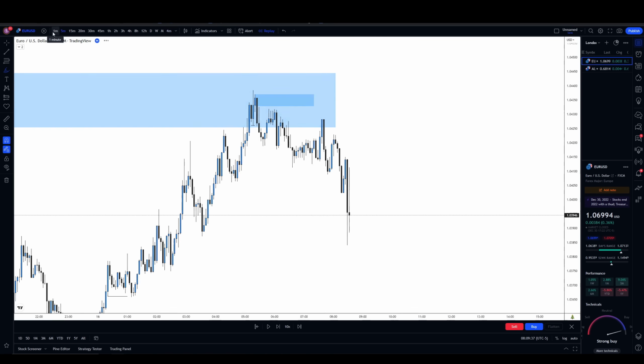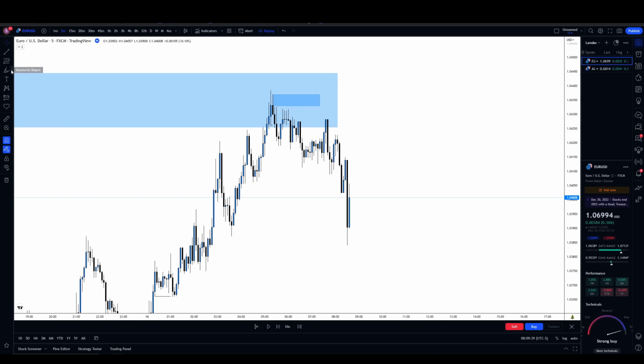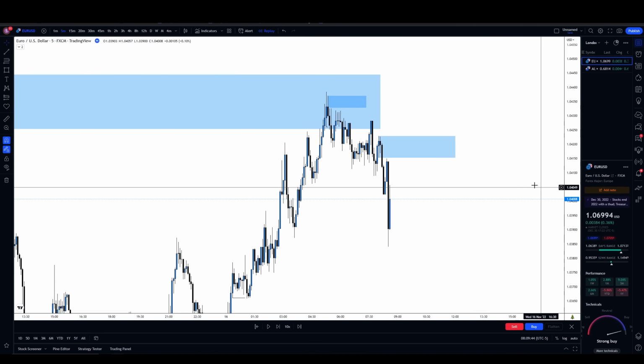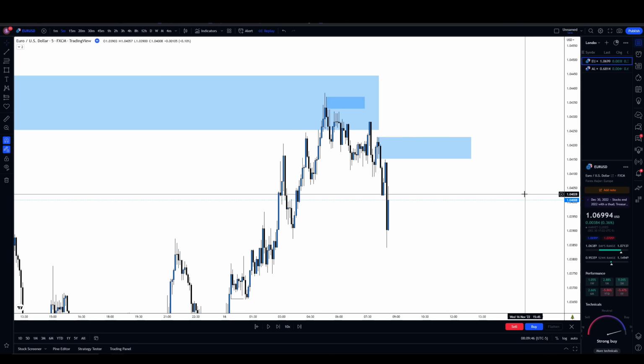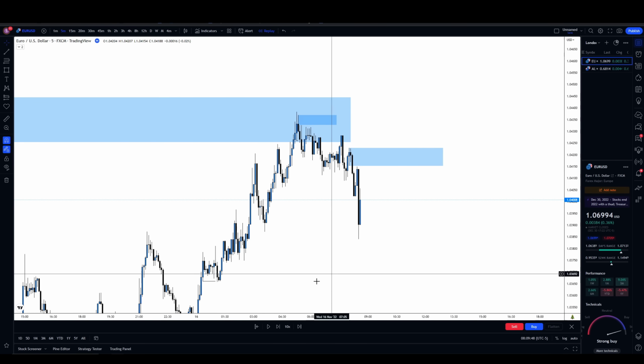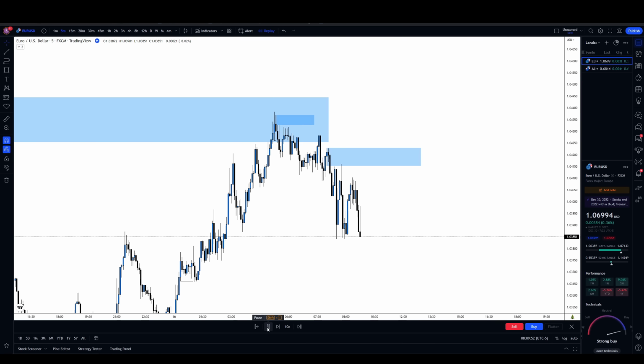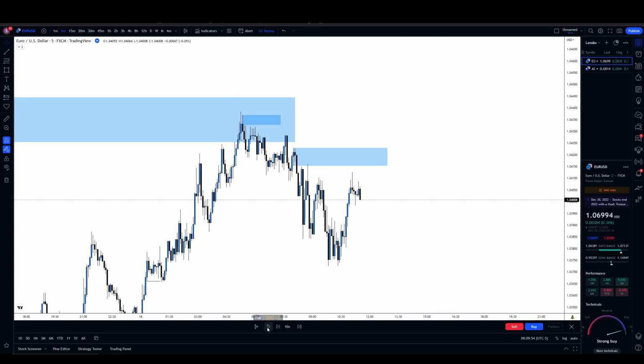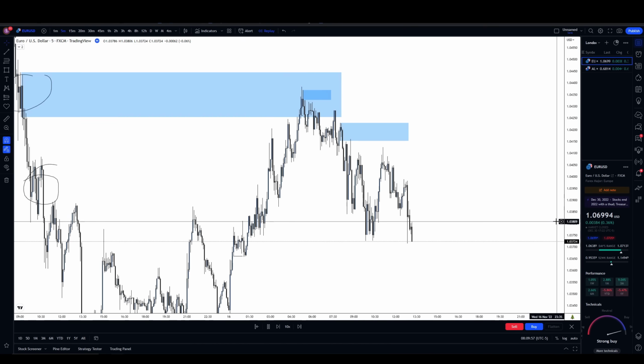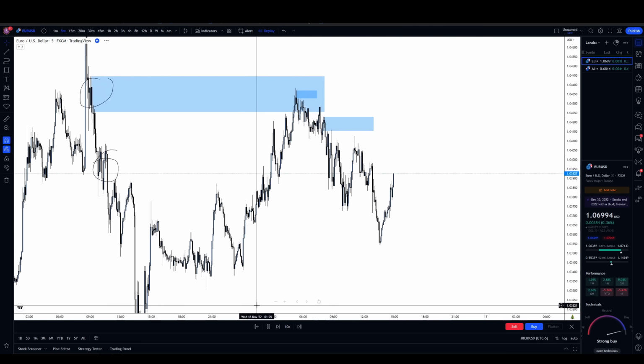So I can now make my way to the higher time frames and look for a very clean entry, like a very clean supply zone right over here. And remember, sometimes supply zones aren't always mitigated when you want them to be mitigated. In this case, price action reaches that supply zone, and it slowly starts to sell off. Does it reverse back? Let's take a look. And okay, it slowly starts to sell off.